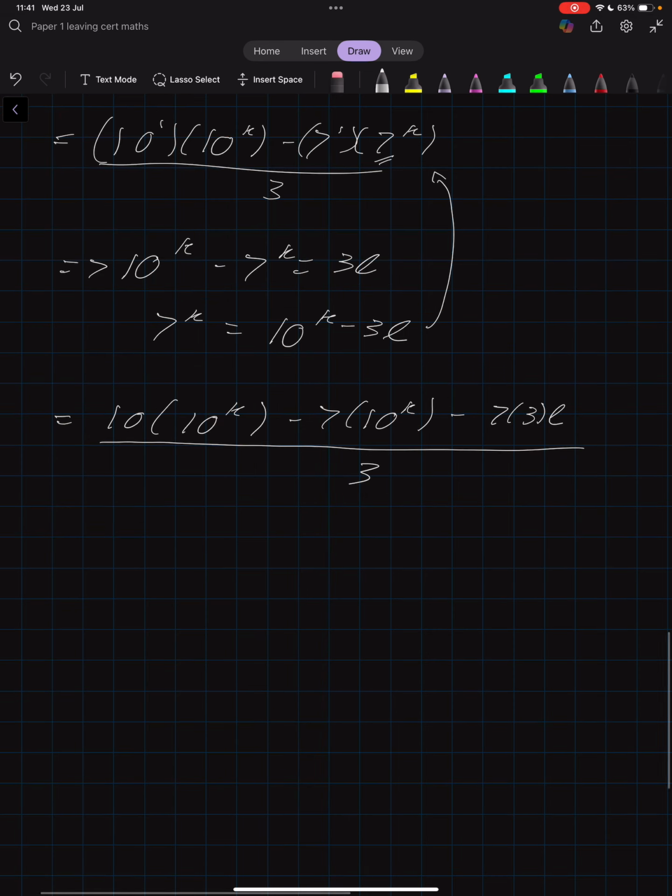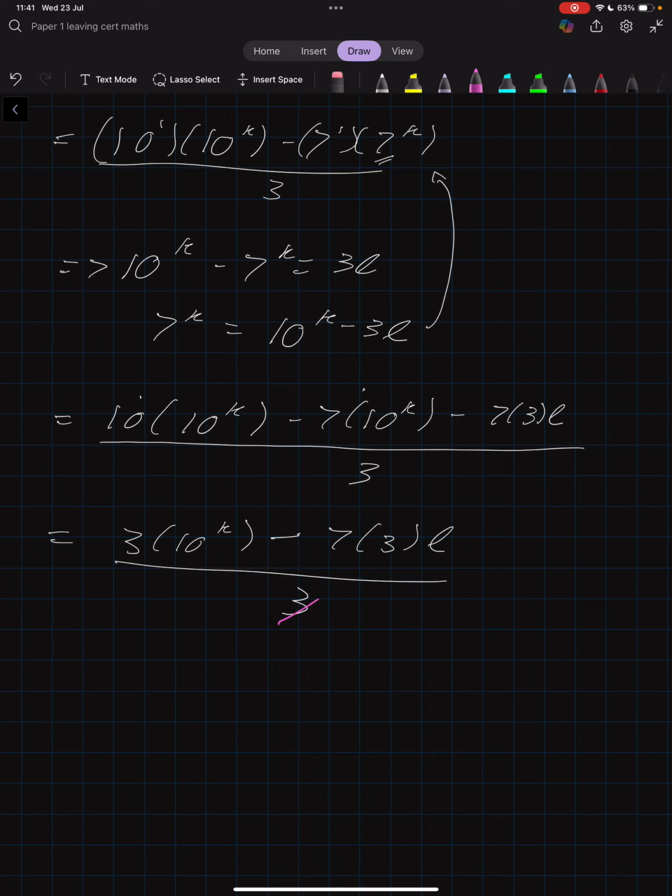Okay? This now, 10 minus 7 is just going to leave me with 3 times 10 to the power of k minus 7 times 3L, all divided by 3. Now I can cancel the 3s, and I'm just left with 10 to the power of k minus 7L.